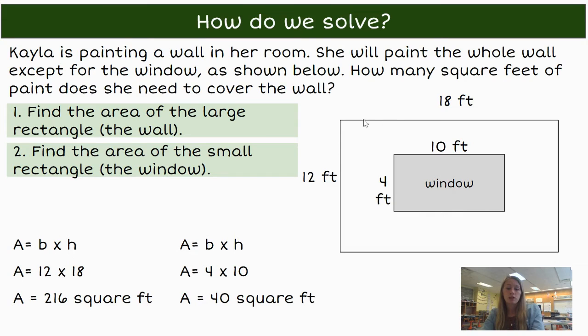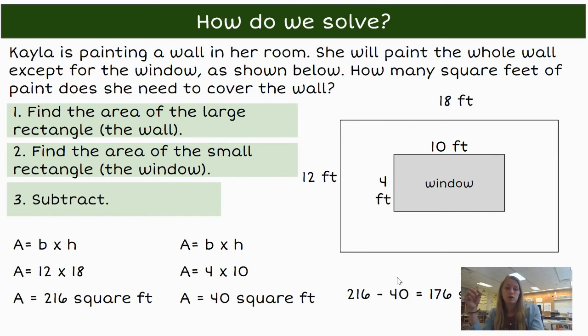Now remember, I'm painting just this white part of this diagram down here and not this gray part. So that means I need to subtract. I need to remove that gray part from this total rectangle that I have. So when we subtract, we take our 216, our large rectangle, minus our small rectangle, 40 square feet, and that'll leave us with our total of 176 square feet.